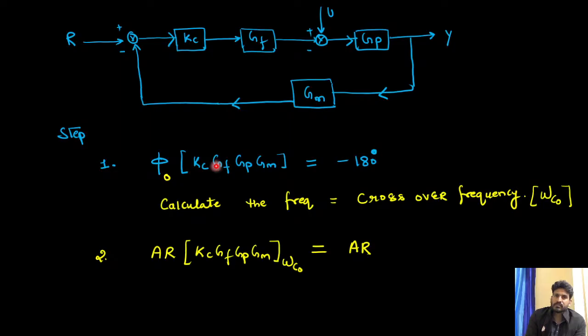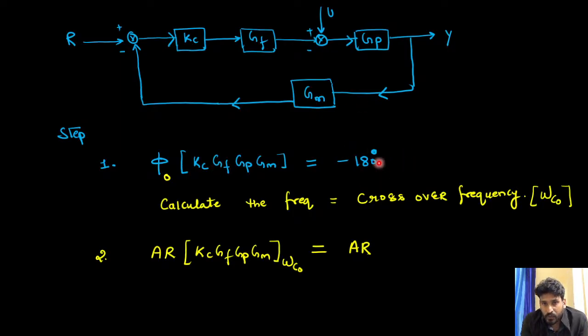How? Just multiply the transfer functions, and I know the formula for the phi for each and every term, whether it is of dead time, whether it is of first order, कुछ भी हो, I know this. Now how phi क्या होता है? Just we have to add the phi. If the system is in series, then phi must be added. So just add the phi for individual transfer function and equate that phi to the -180 degree.